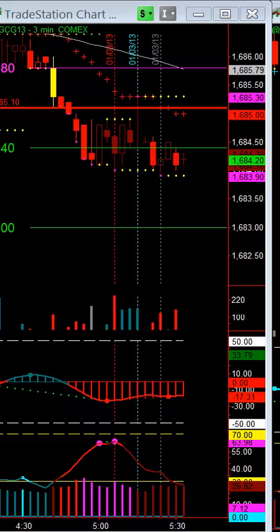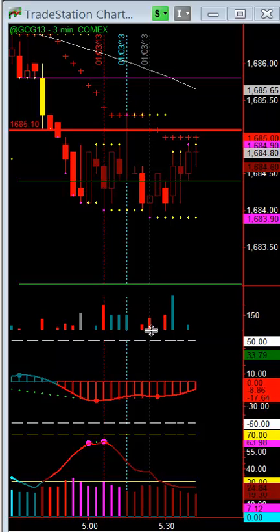And we'll continue to monitor it. Again, we have had strong divergence as price was making new highs in this little pullback towards the ATR, which leads me to believe that we will actually see new lows.